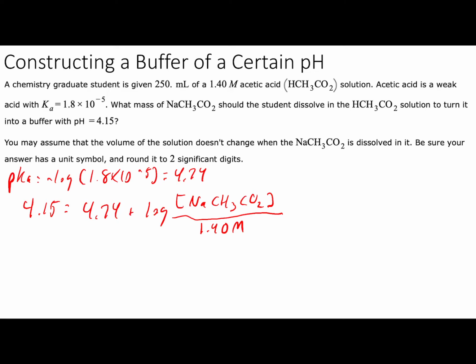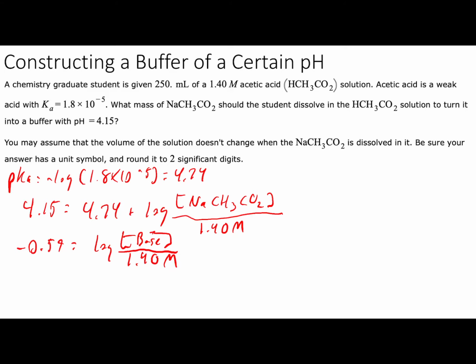The first step is going to be subtracting the 4.74 from both sides. If you do that, you get negative 0.59 equals the log of the base. We'll just write out base instead of writing out sodium acetate, over 1.40 molar, the concentration of the acid.